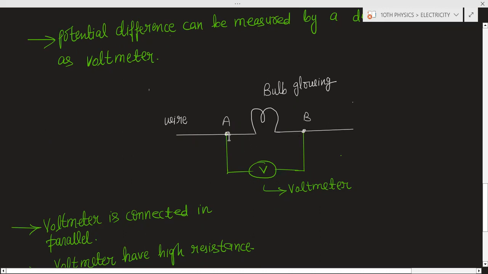So you will connect a voltmeter here, like this. This is the parallel connection. I will tell you why it is known as a parallel connection: in a parallel connection, the potential difference remains the same. We will discuss that when we study the series and parallel combinations of resistances.